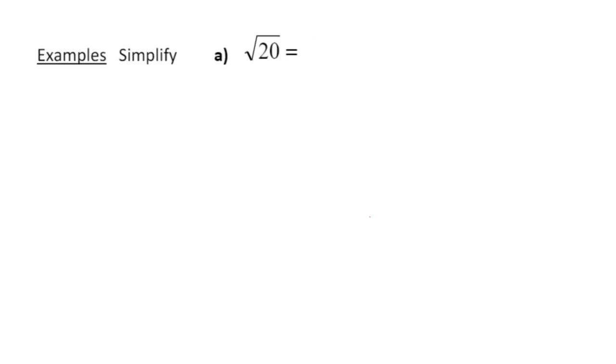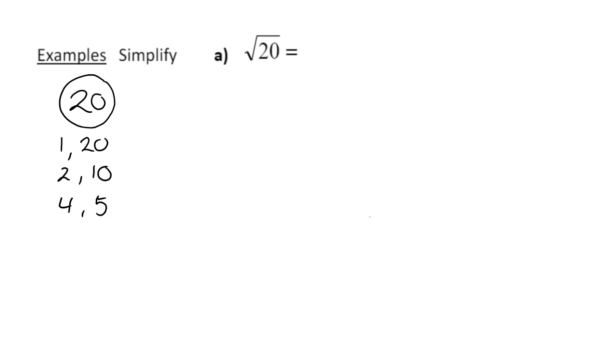Okay, full worked examples. We'll try and avoid the extra workings on the side, and we don't need to trial all the possible factor options. So the square root of 20, we want to be able to split 20 into factors. The factors of 20 are 1 and 20, 2 and 10, and 4 and 5.